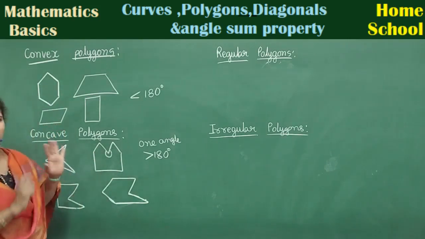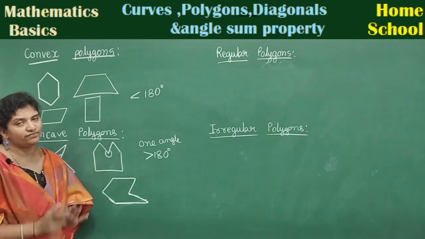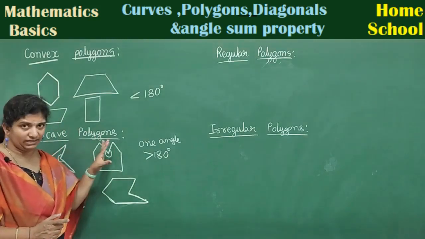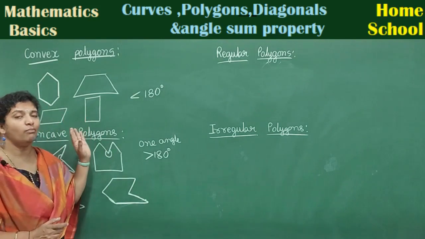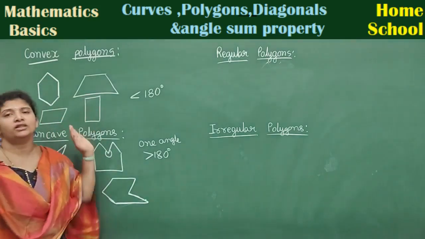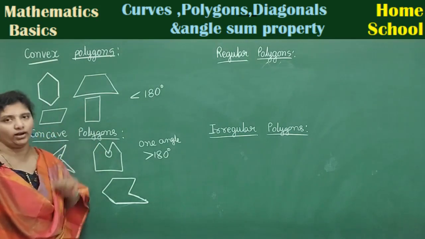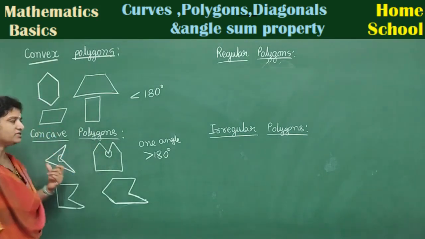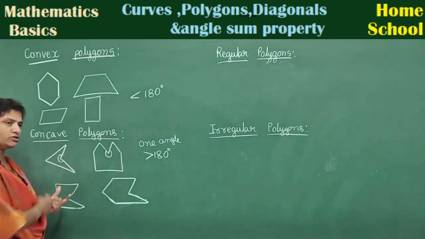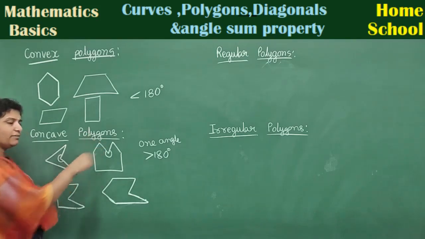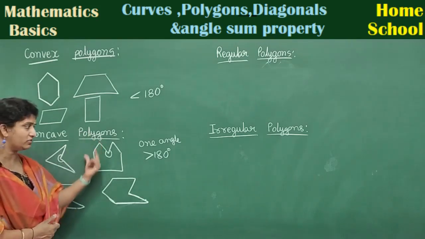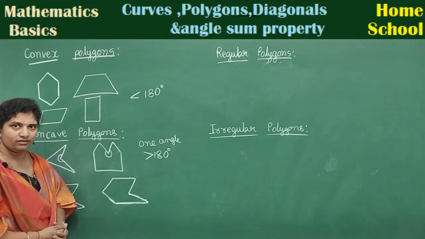I can see these are all simple figures or simple curves, and these are all polygons. These are all closed figures and they are polygons. Now these concave polygons are also polygons, but the line segments only have ended, and it is also a closed curve, right?